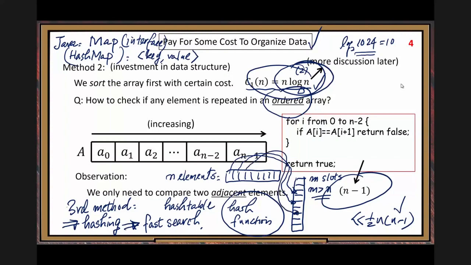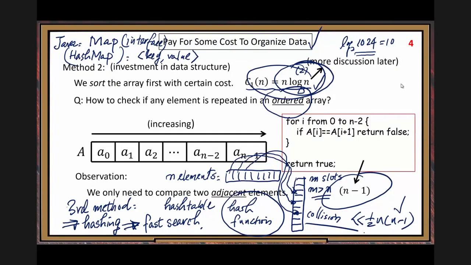But you may have a collision problem. Two different elements may be mapped into the same slot in the hash table. That could happen. That's what we call a collision. When you get a collision, you need to map a few more times to resolve it.